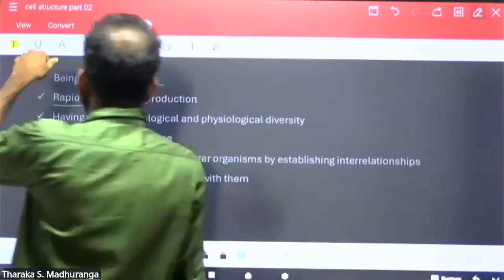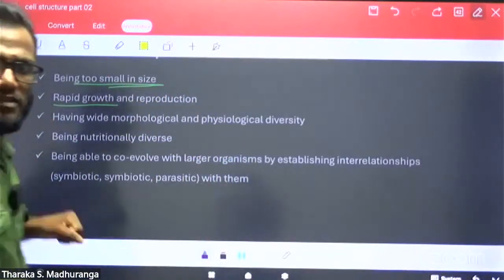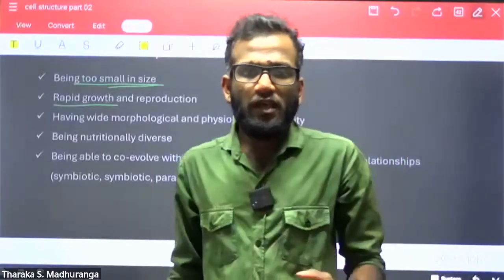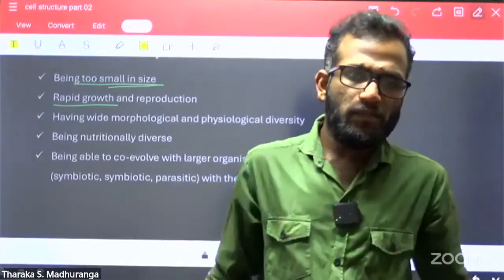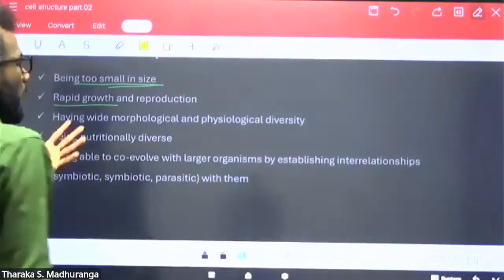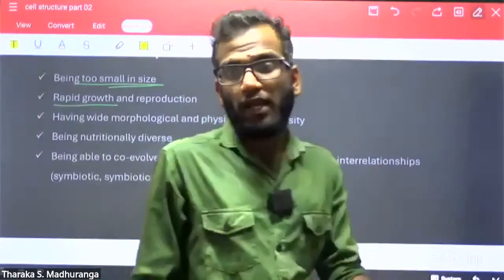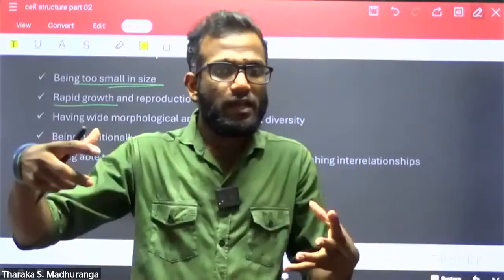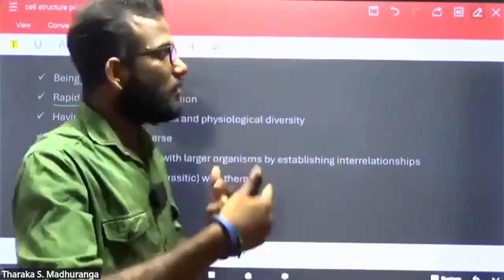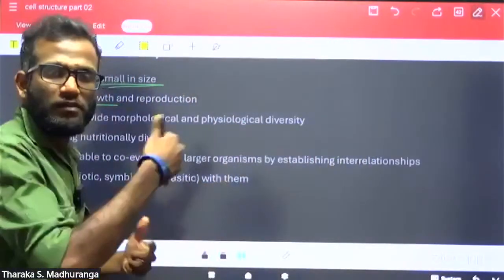Due to these reasons you need to remember: the first is they are very small in size. The other is they have rapid growth rate and rapid reproduction rate. They grow rapidly and reproduce rapidly. They produce the next generation within a very short time.